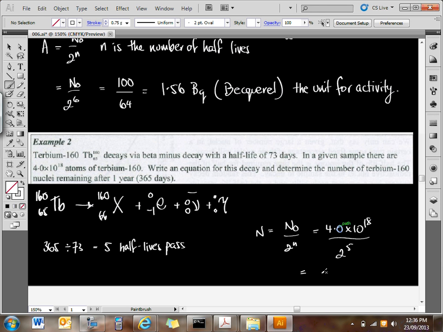And we get an answer of 1.25 by 10 to the 17 nuclei remaining.